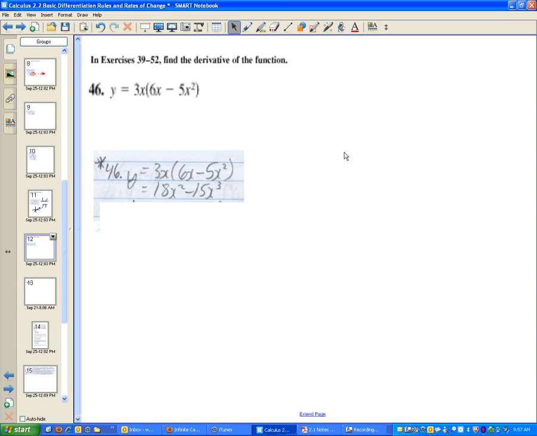Okay? Now that we've done that, we can use our sum or difference rule with our combination rule to get the derivative of y. So y prime equals, what's the derivative of 18x squared? According to the combination rule, it's exponent times coefficient. 2 times 18 is 36x, and then subtract 1 from the old exponent, so x to the 1, x. Copy down the minus.